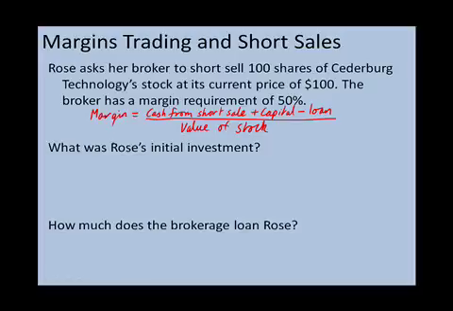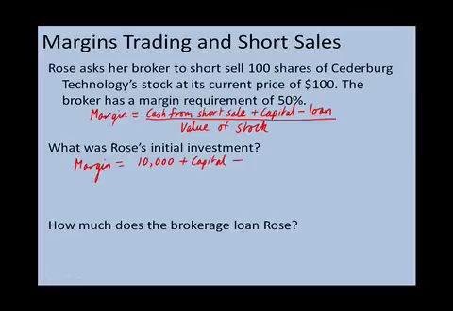Let's think about the example here. What did we get when we sold the stock? Well, Rose short sold 100 shares at the price of 100. So Rose received $10,000 initially. She also had to invest some money, but we don't know how much.